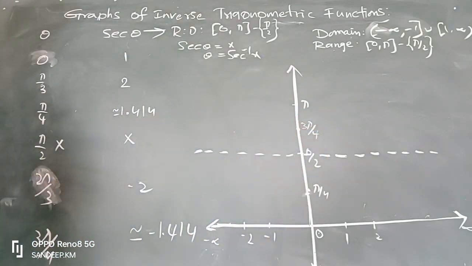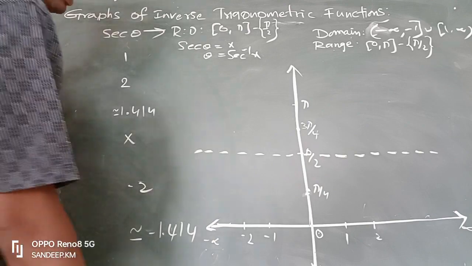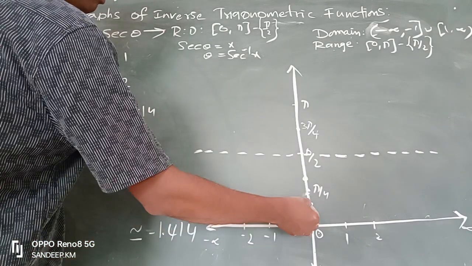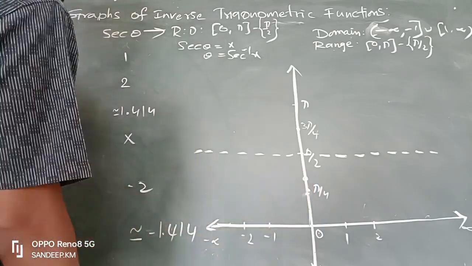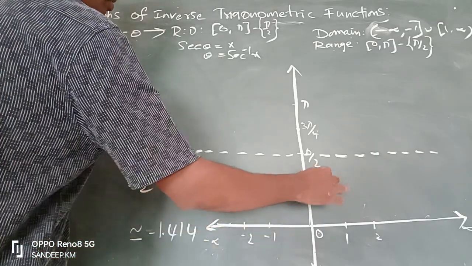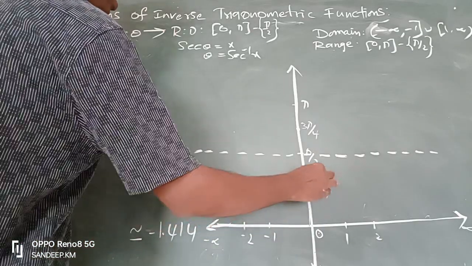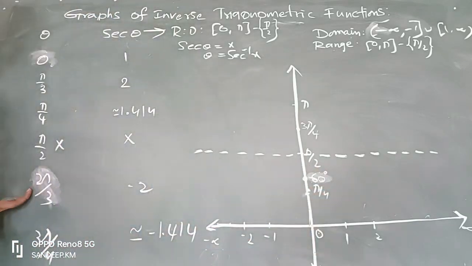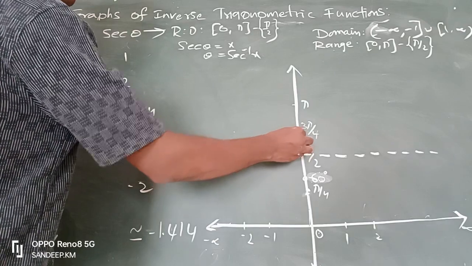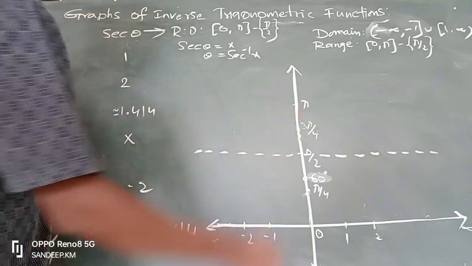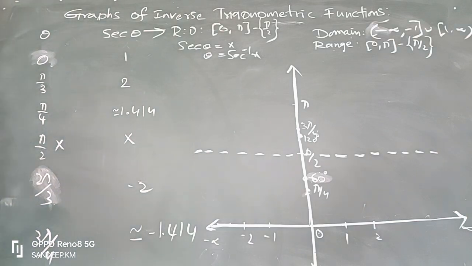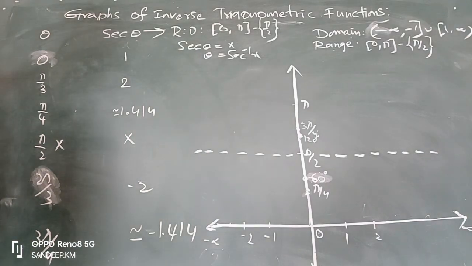We have also taken pi by 3, which is 60 degrees, so 60 comes here. And then we have also taken 120 degrees; 120 comes here, lesser than 135. Okay, now let me draw the graph.